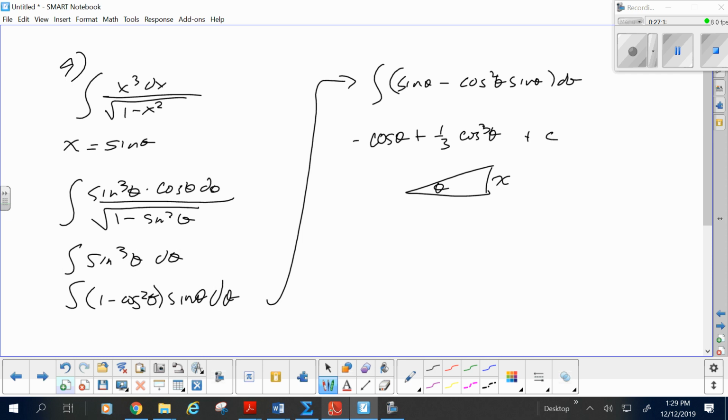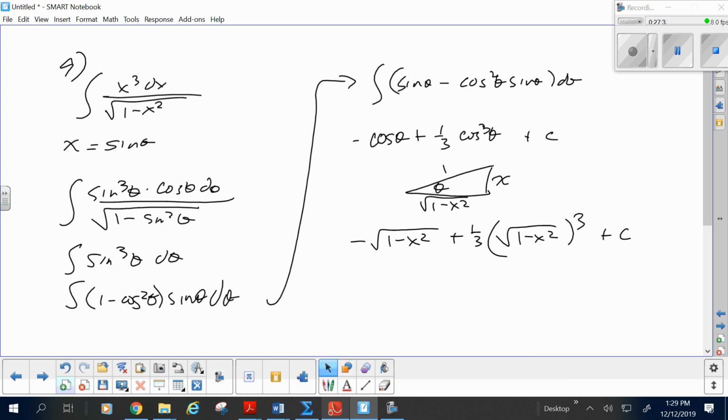Opposite over hypotenuse. So my answer would look something like this. And they made a factor right there, compact. Okay. Alrighty.